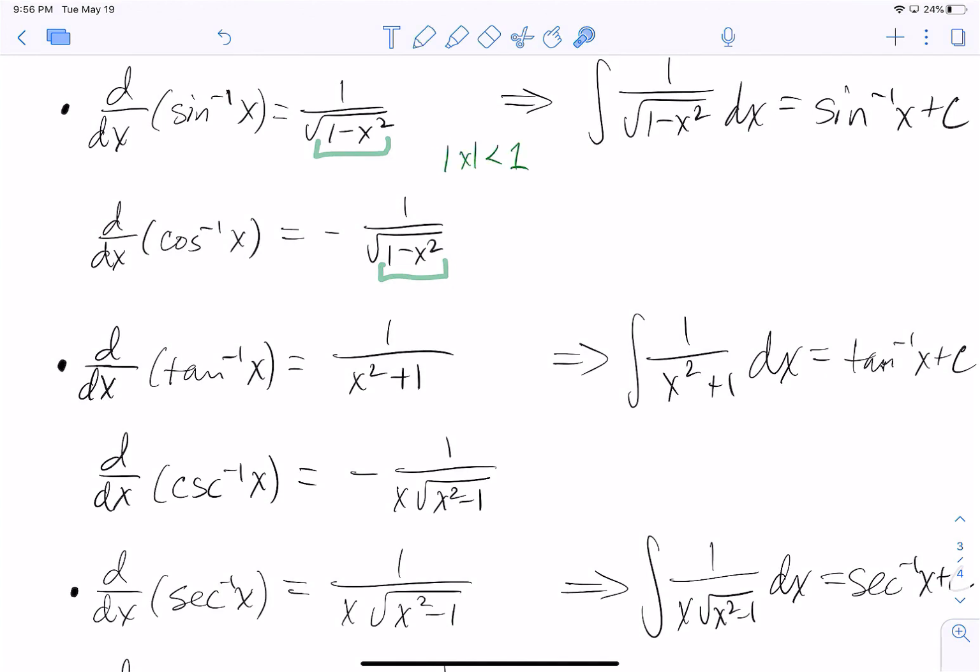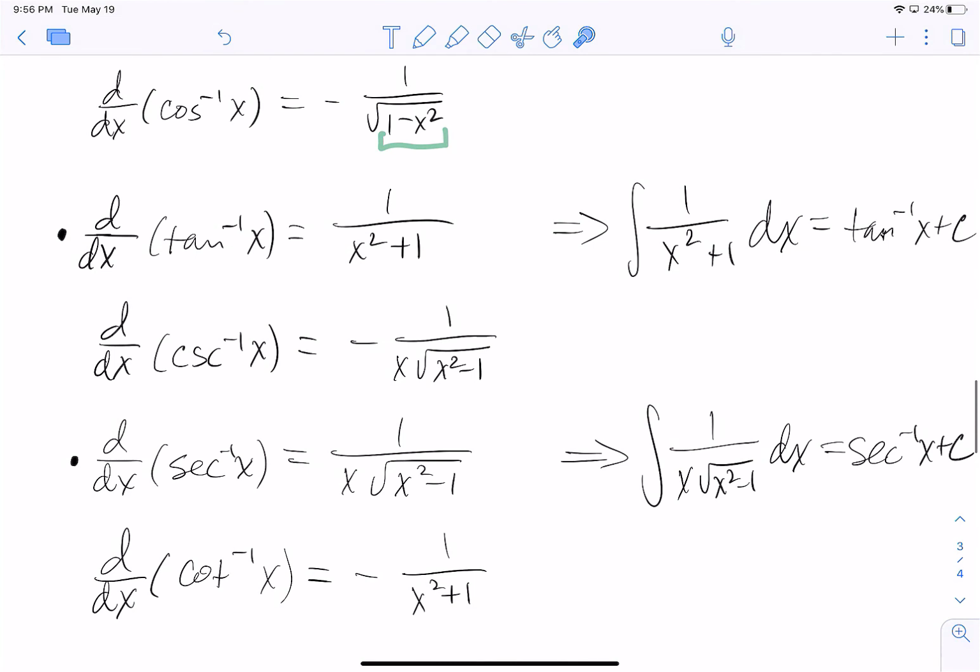The way I think of that is x can't get too big. Otherwise, you have a negative inside your square root. For the inverse tangent and the inverse cotangent, we have x squared plus 1 in a denominator. Those are unrestricted. X can be any real number for inverse cotangent, inverse tangent.